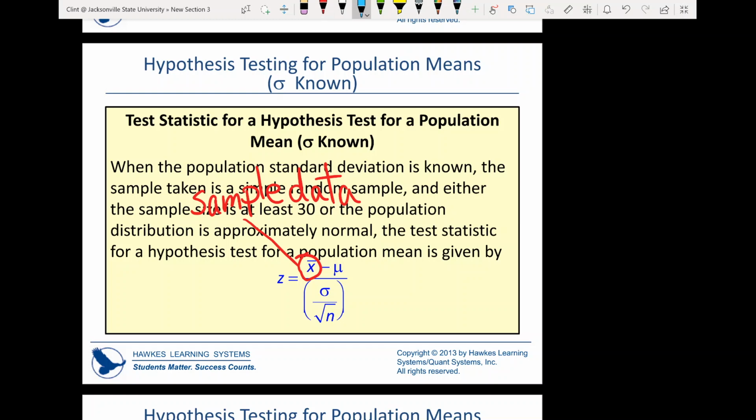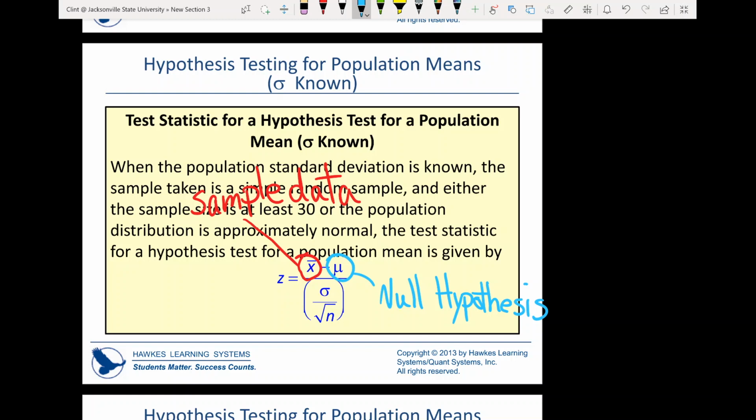But this mean mu is always going to come from the null hypothesis. This is the value that we're starting out assuming to be true. So whatever value we have for mu in our null hypothesis, that number is going to go right there in that mu spot in the formula. And then sigma is our population standard deviation, and n is our sample size.